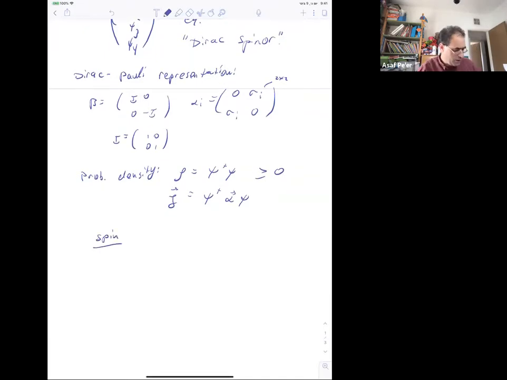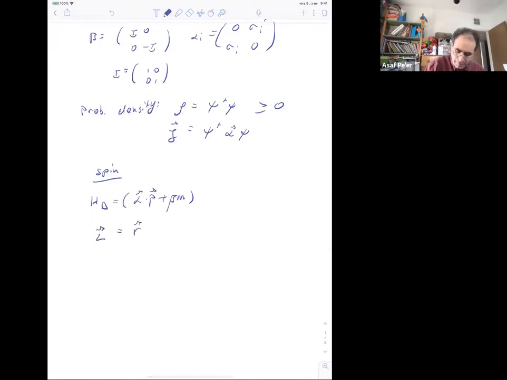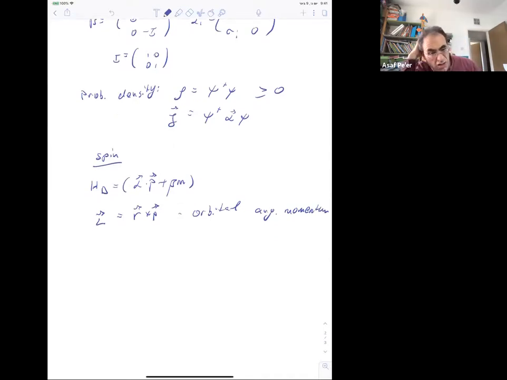And then we started to look at the spin. We didn't really have time to discuss the spin, but we did discuss the angular momentum by introducing the Dirac Hamiltonian and looking at the commutation relation of the Dirac Hamiltonian with the orbital angular momentum L. We showed that, in fact, they do not commute, which means that, as opposed to non-relativistic quantum mechanics, the Schrödinger equation, the orbital angular momentum of the particle is not conserved.